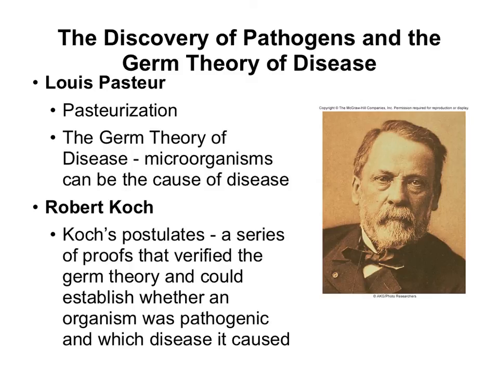Now, Robert Koch, one of his colleagues, came up with a series of proofs known as the Koch postulates. They verified the germ theory and could establish whether an organism was pathogenic or which disease it caused. For example, Koch discovered that anthrax was caused by a microorganism called Bacillus anthracis.